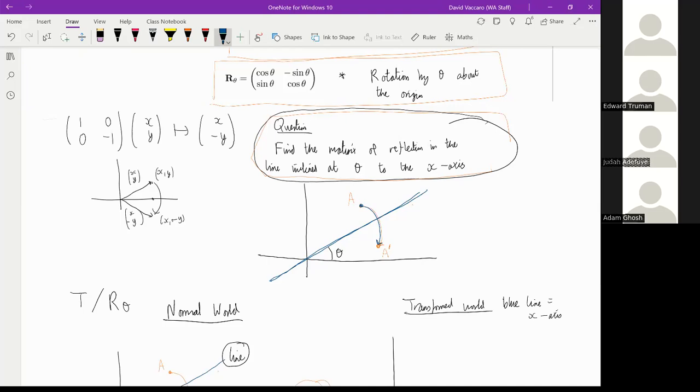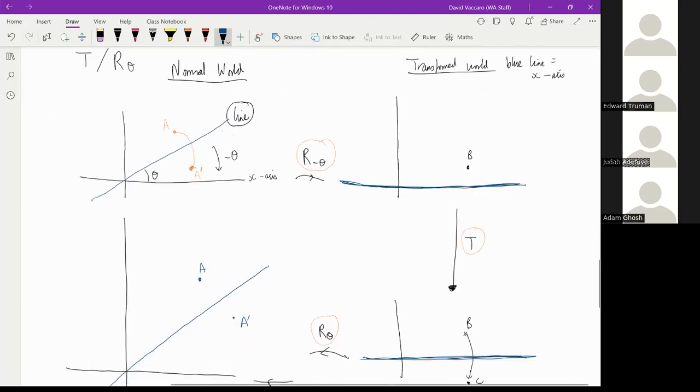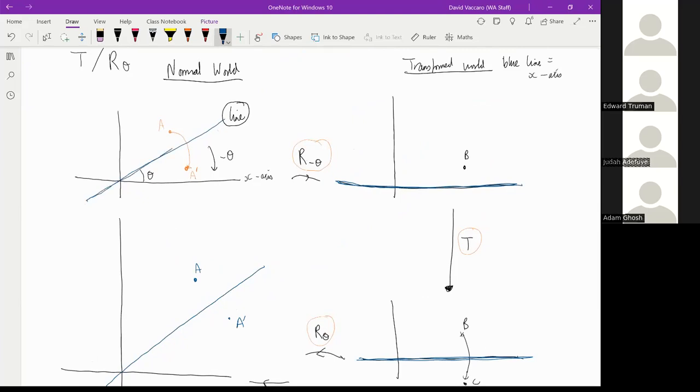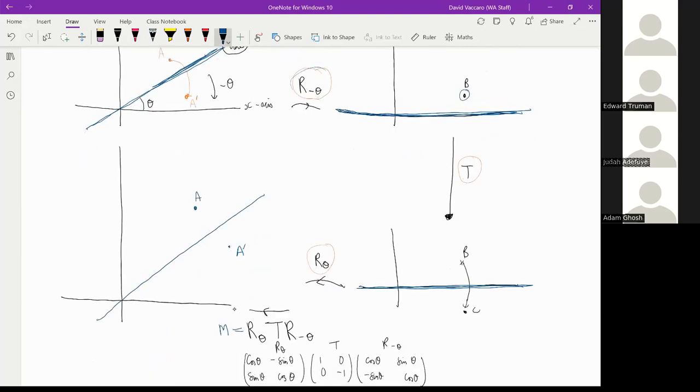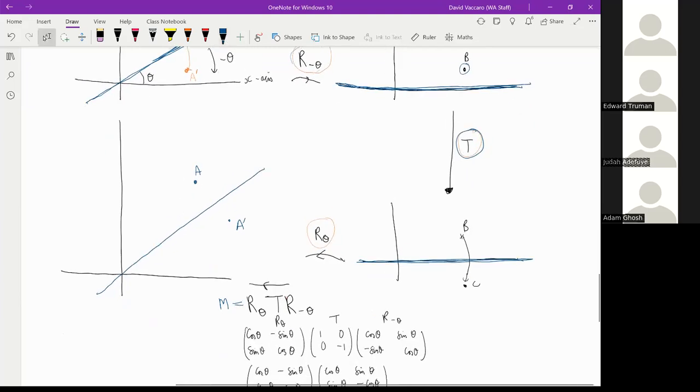And the really clever idea that I had was to take my line and map it onto the x-axis by rotating by negative theta. So the point A becomes the point B. But I then know how to reflect in the x-axis because I can do the matrix T. So the point B goes to the point C. And then I can just rotate back, so the line is the line again.